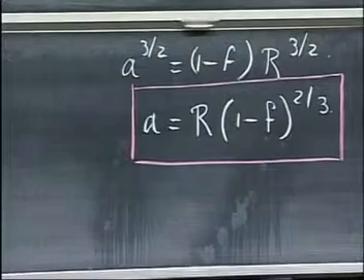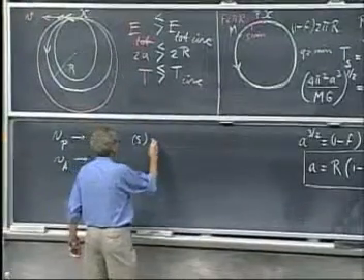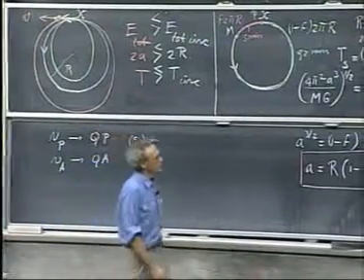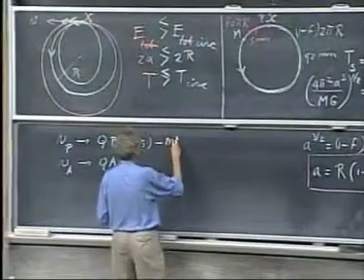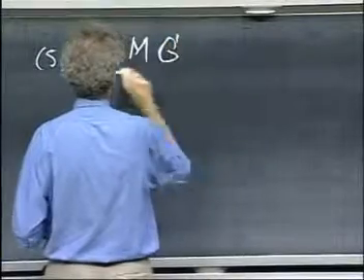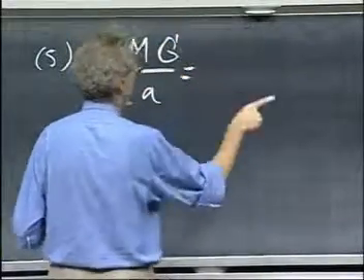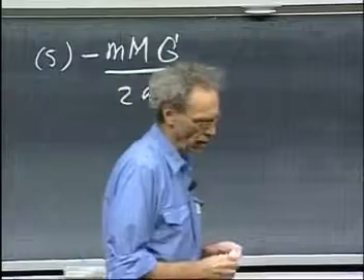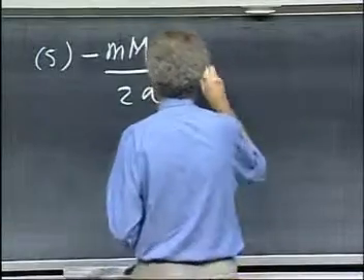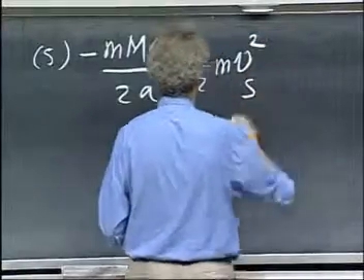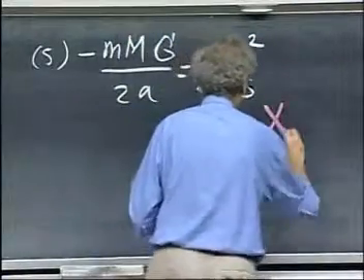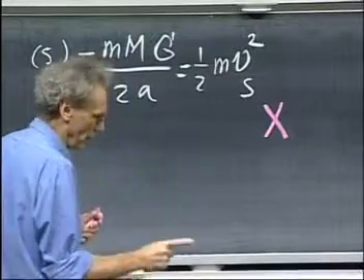Because equation number 5 will tell you that minus mMG divided by 2a, a being now the semi-major axis of the sandwich orbit, equals 1/2 m times the velocity of the sandwich squared, minus mMG divided by capital R. This happens at location x after the burn.